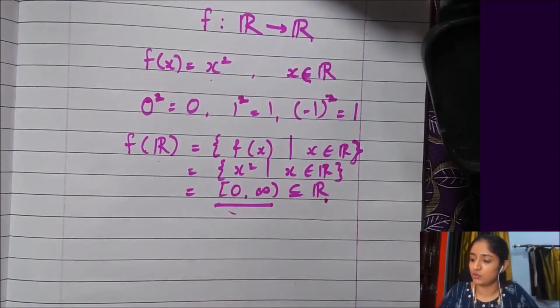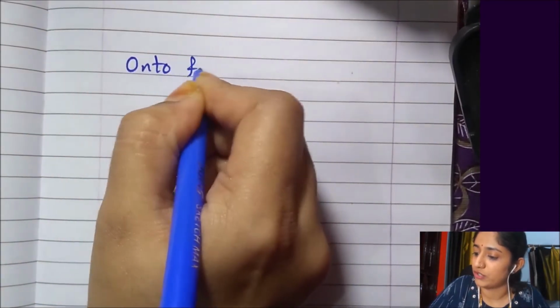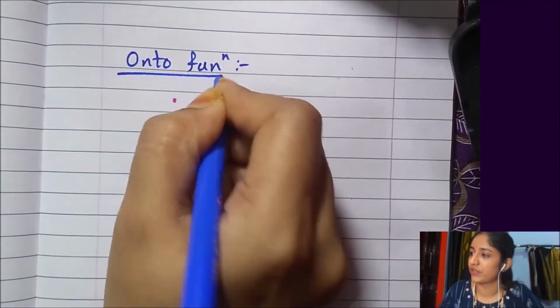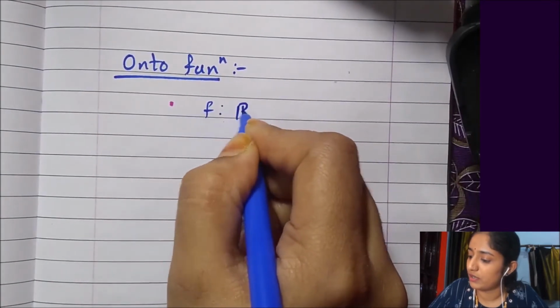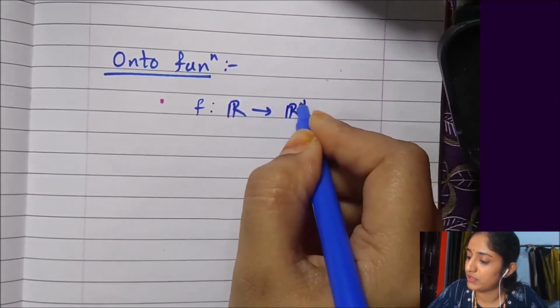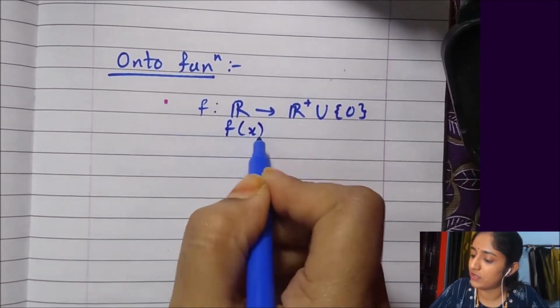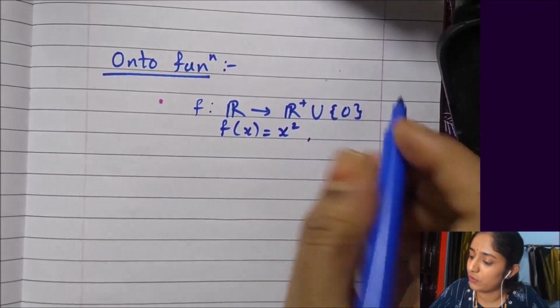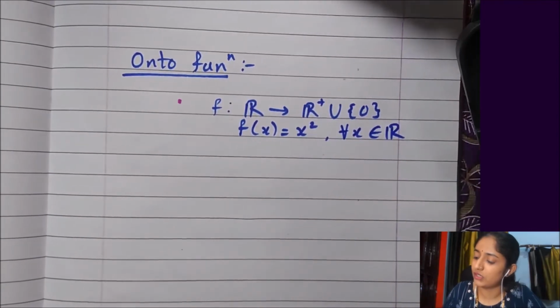Which brings us to our next definition, the type of function that I was talking about. It is called an onto function. Okay, if we take a function f from R to, let's say, the positive real numbers and 0, and we define it the same way as previous, so it is x square for all x in the set R, right?